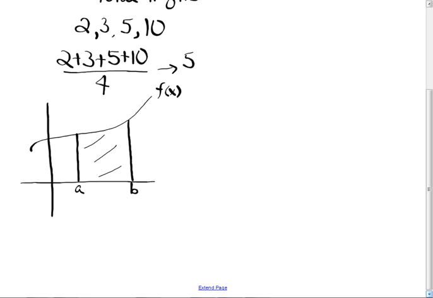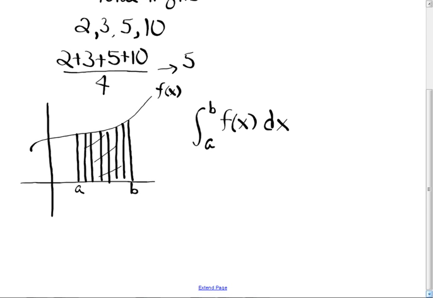You would add them all up. If I added up all these y values, how could I write that with calculus? Yeah, it's the integral. It's adding up all the y values from A to B. Now, is that the average or is that just the sum? Now, you have to divide by how many numbers you have.